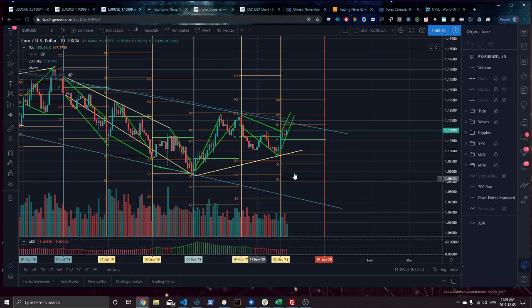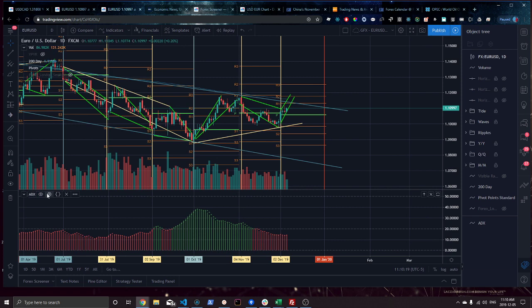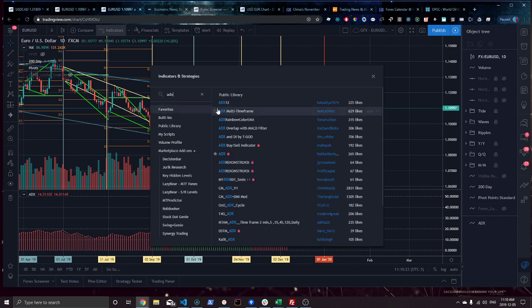So you have your trends, but you also want to find out if your pair is trending or non-trending, and that's going to give you the indication of which indicators to use on those time frames. A quick, easy way to figure out if something is trending or non-trending is to use the ADX indicator. You can find that here under indicators, ADX.